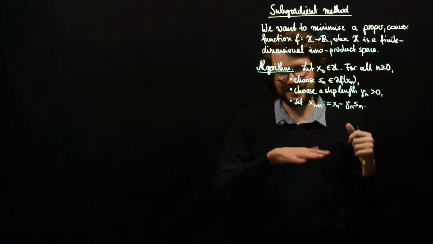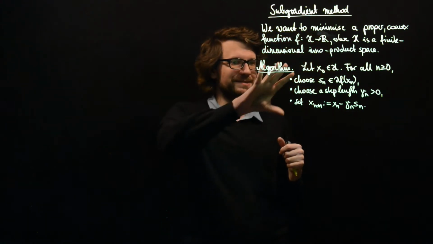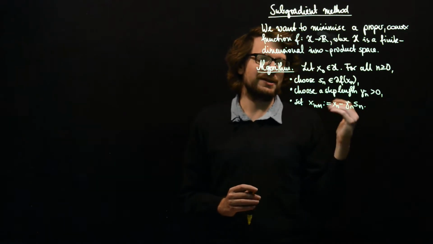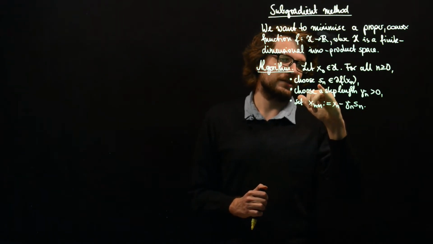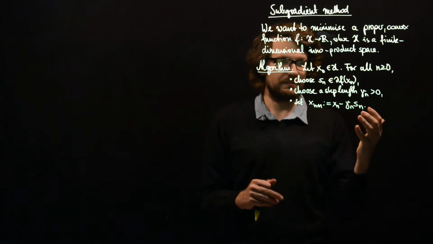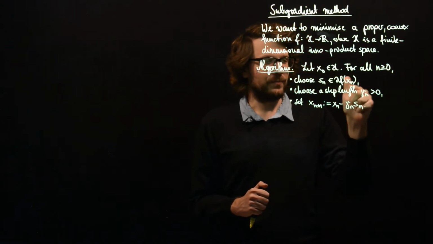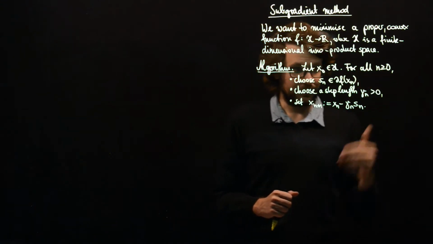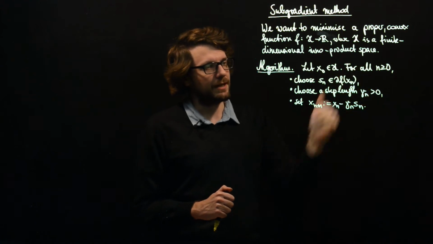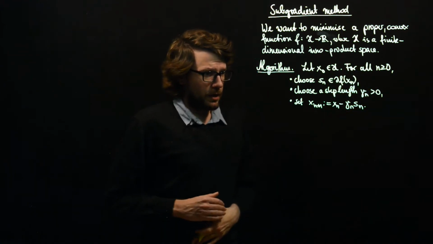So in some definitions, maybe this is not a real algorithm, but you can take any choice function which gives you a subgradient from a point, and then you can see this as a well-defined algorithm.